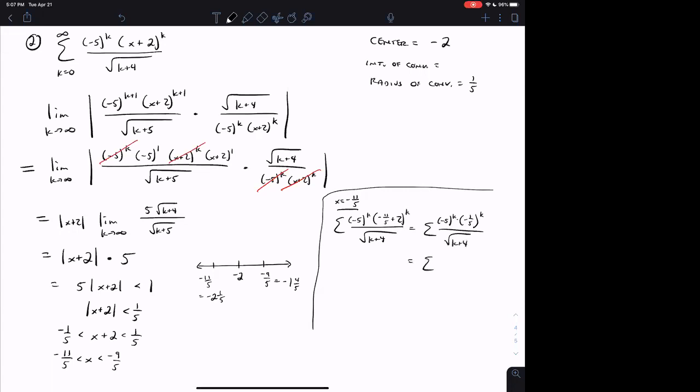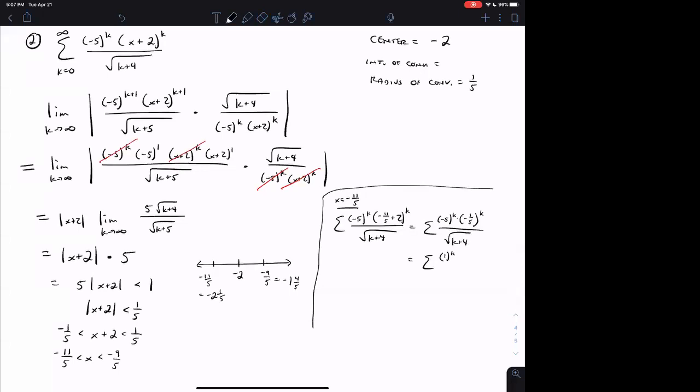But then negative 5 times negative 1/5 is positive 1 to the k. Make it clear that's not a negative, that's positive 1 to the k over the square root of k plus 4, which is then 1 over the square root of k plus 4. Does that make sense?